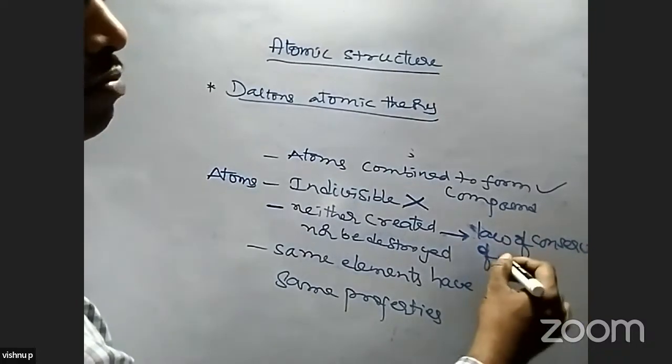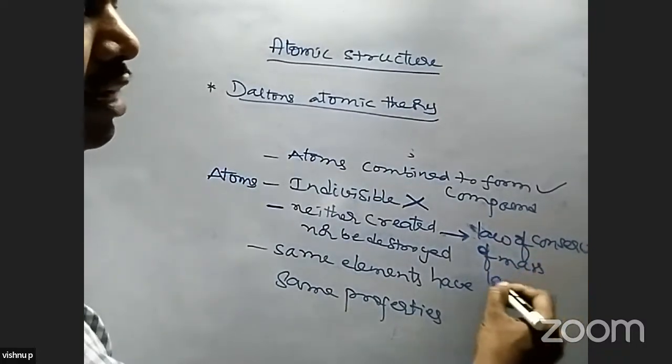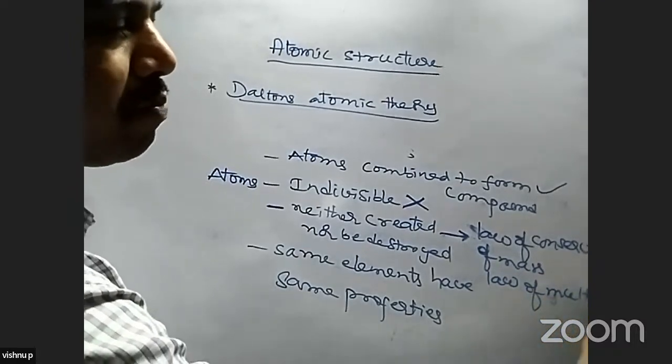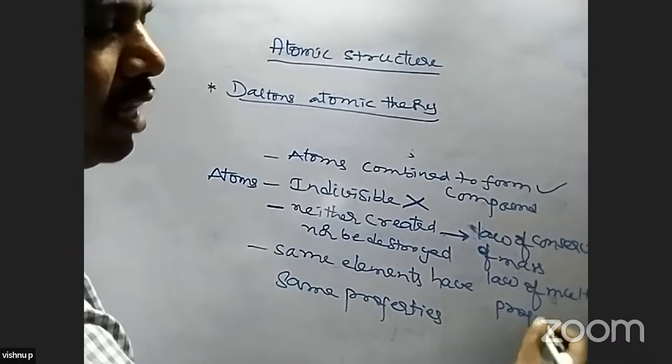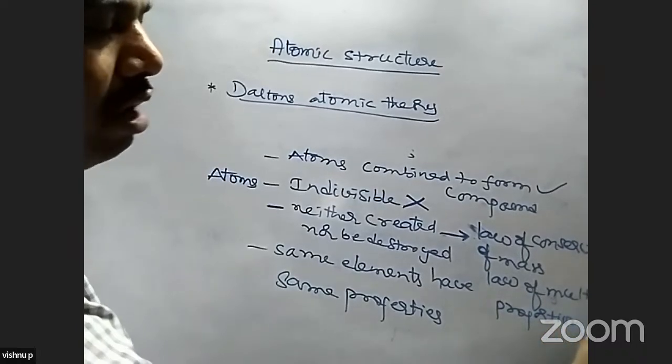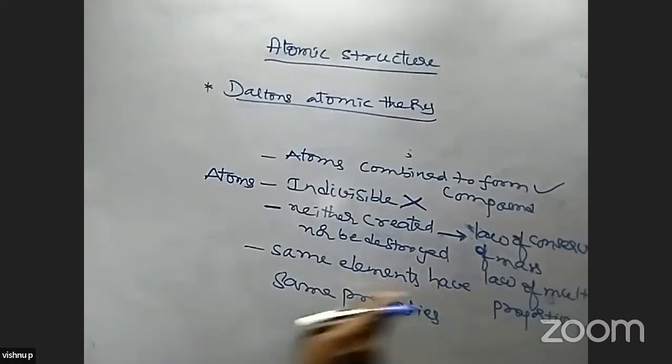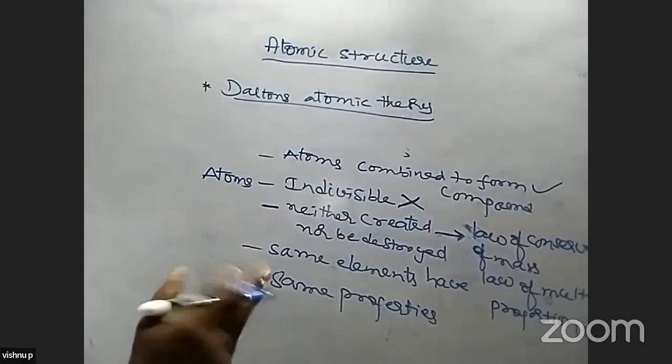This theory also agrees with the law of multiple proportions. One more drawback is the claim that the same elements have the same properties and different elements have different properties.